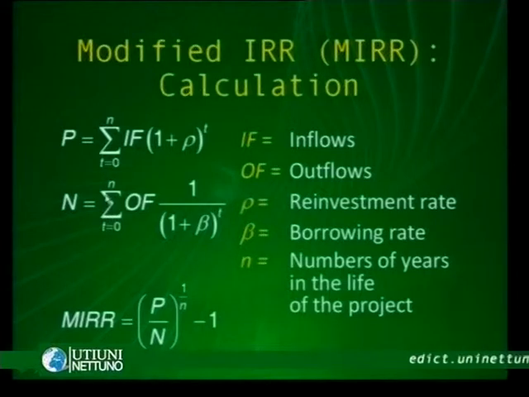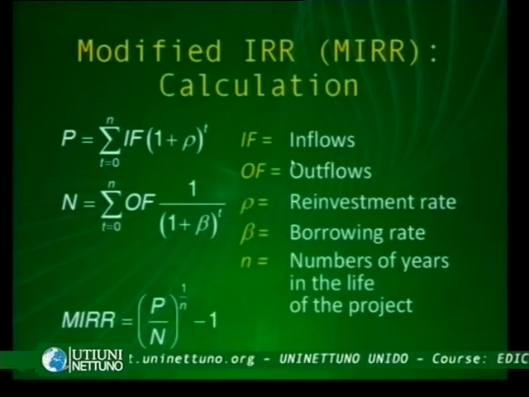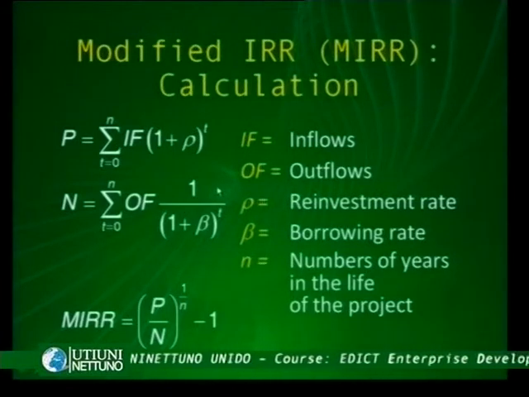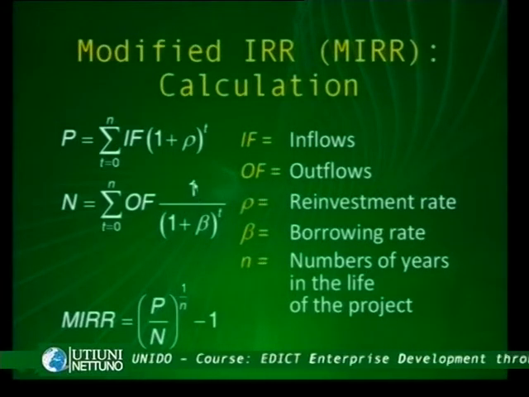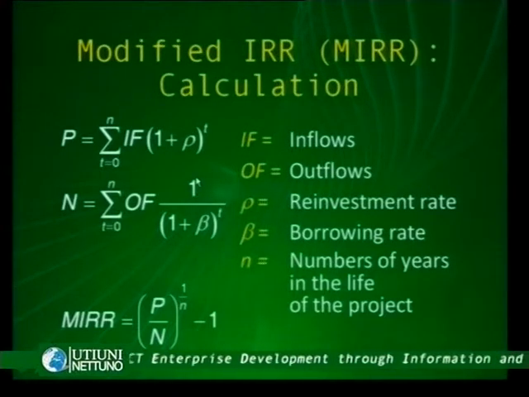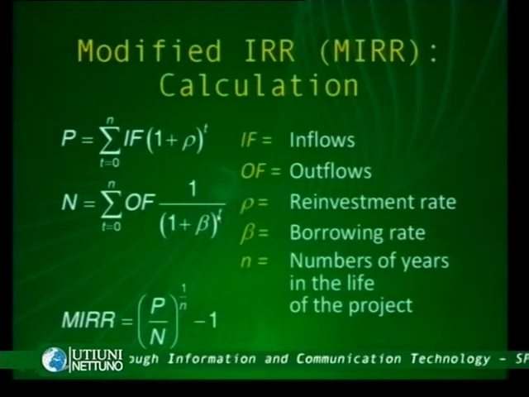So here we find that N is defined as the summation for t going from 0 to n, where n again is the life of the project, of all the outflows multiplied by the relative discount factor, that this time is calculated dividing 1 by 1 plus beta raised to t, where beta is the borrowing rate and t again is the timing of the outflow.